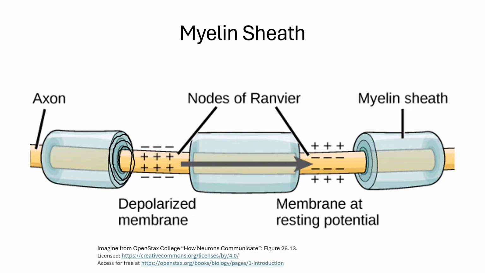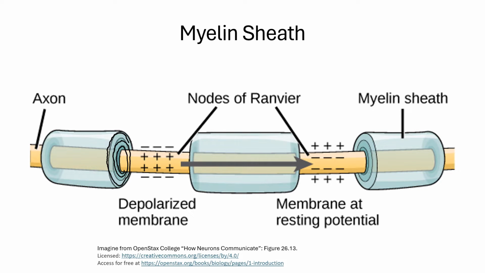In reality, those are not separate layers. What myelin sheath is, it's one continuous piece of fat. It's made up of lipids. And what that piece of fat does is it wraps around the axon continuously and thus forms these concentric layers.